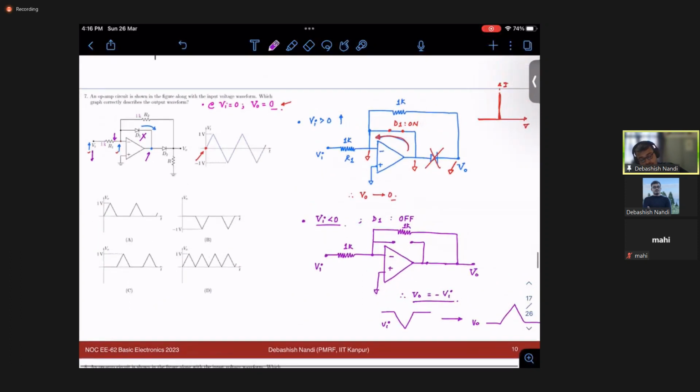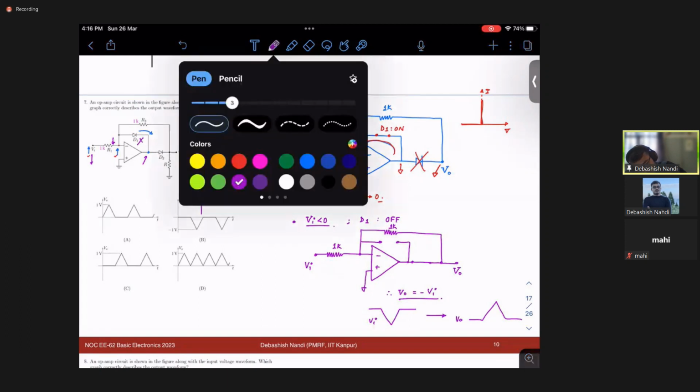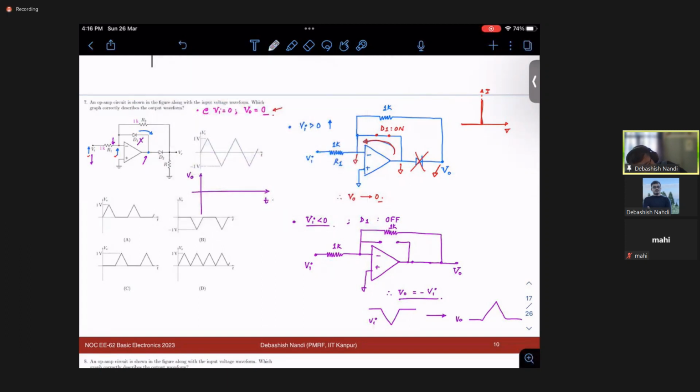So what did we find? If I am to draw the output graph here, how will it look like? Let's say this is VO, this is T, and let me draw some lines.